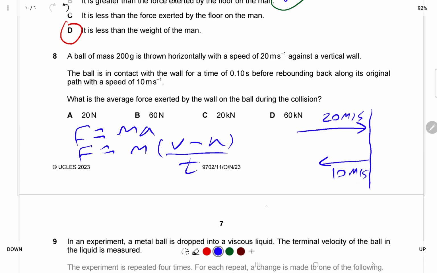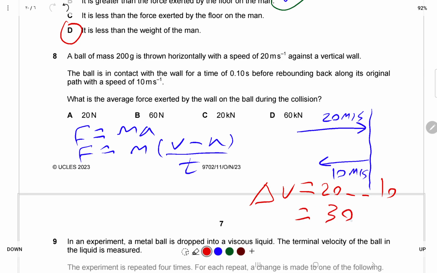So what is the change in velocity, delta V? Delta V will be 10 minus 20. Here you have to take one of them minus, one of them plus, because we have a change in direction. So you can see 20 plus 10, and this is 30.